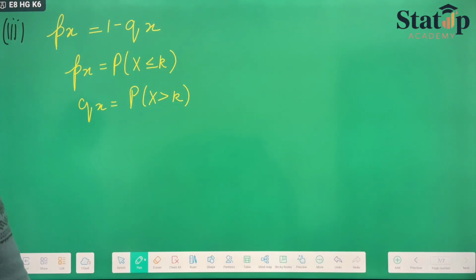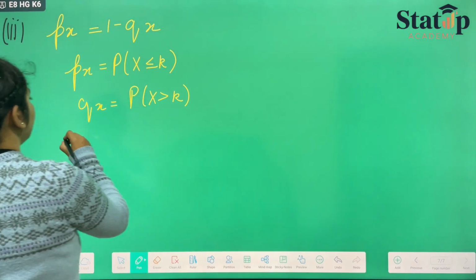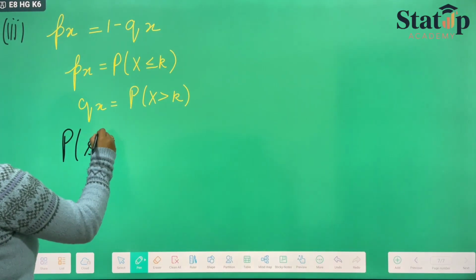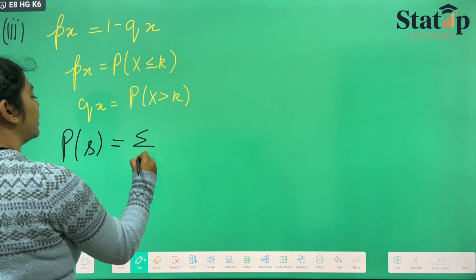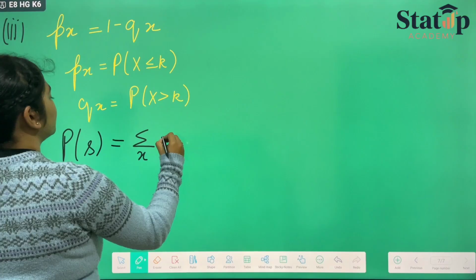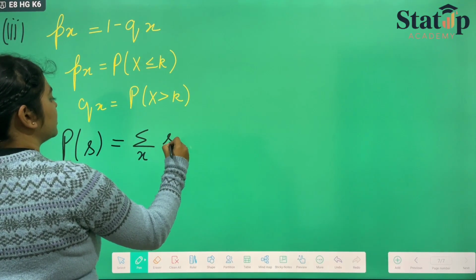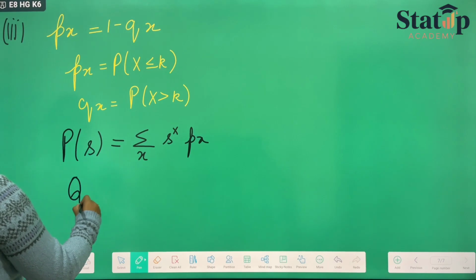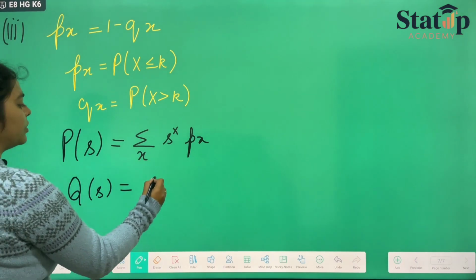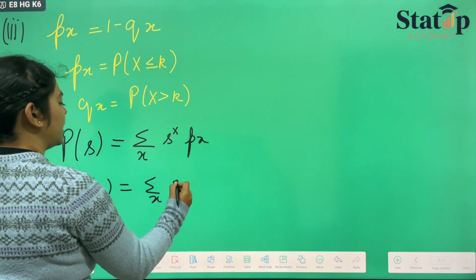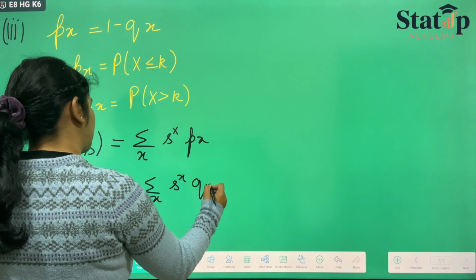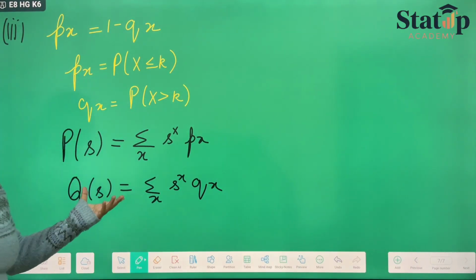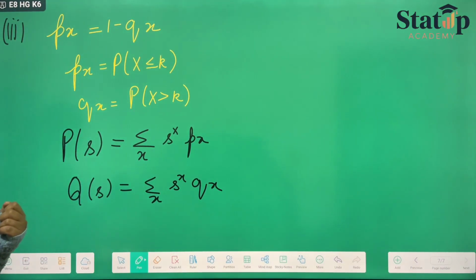So here we can replace them: P(s) is equal to the summation over x of s raised to the power x into p(x), and Q(s) can be written as the summation over x of s raised to the power x into q(x), right? This is the probability generating function.